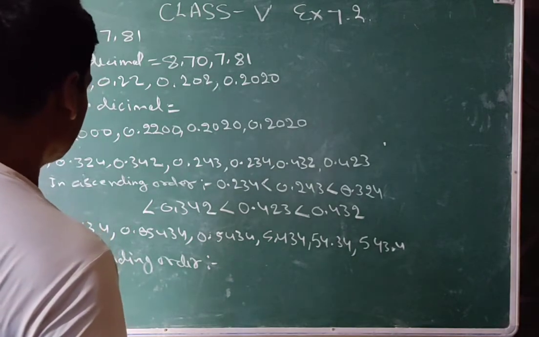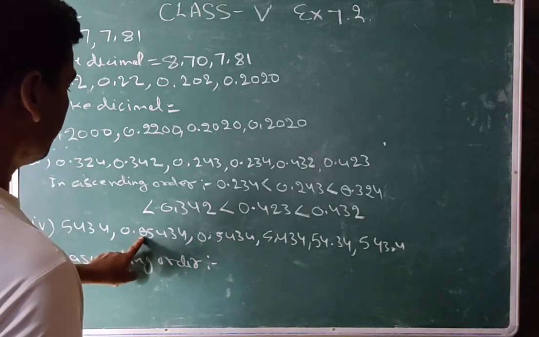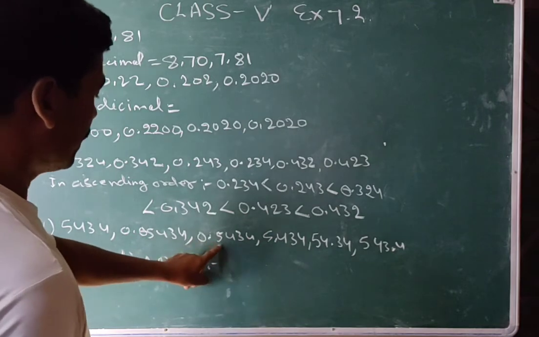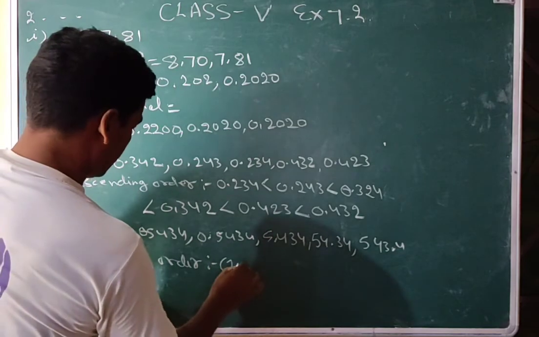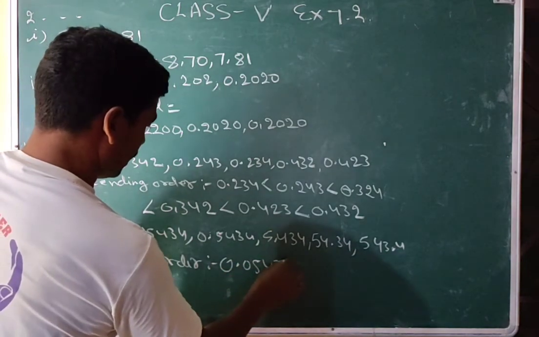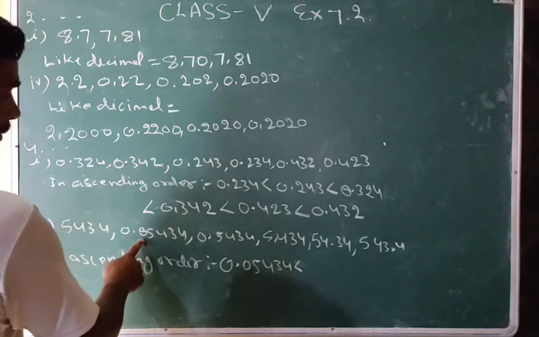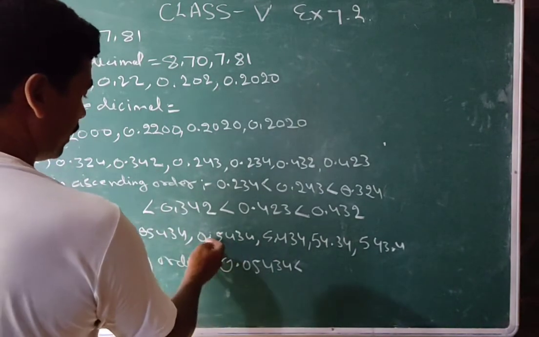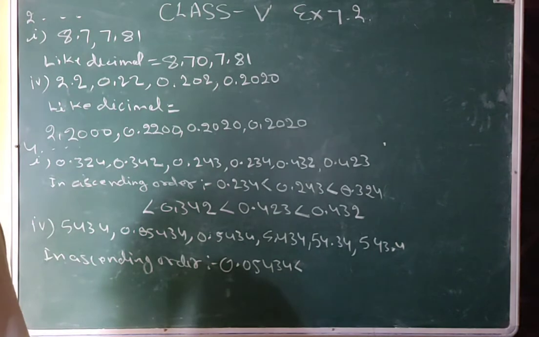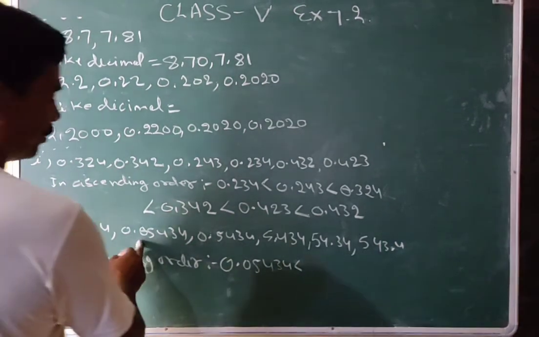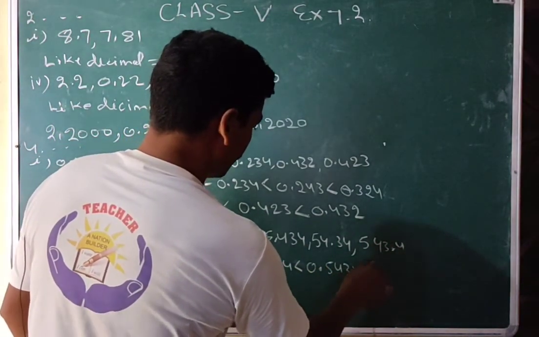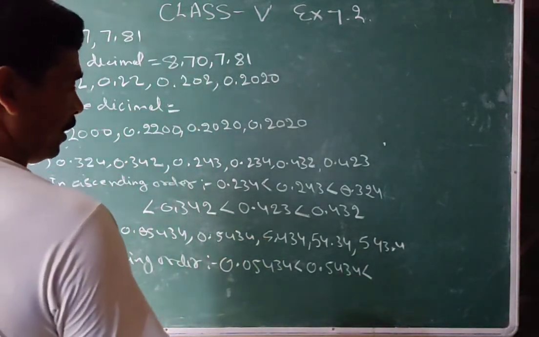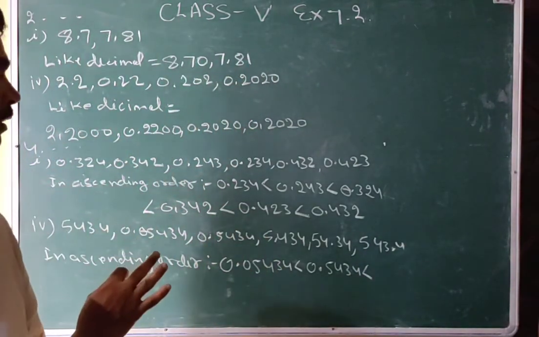So first of all we will check that 0 after the decimal 05, so that will be 0 decimal 05434, and then we compare these two, because these two have no digit before the decimal, that is a 0. So 0 decimal 5434, then after that the digits before the decimal have started.